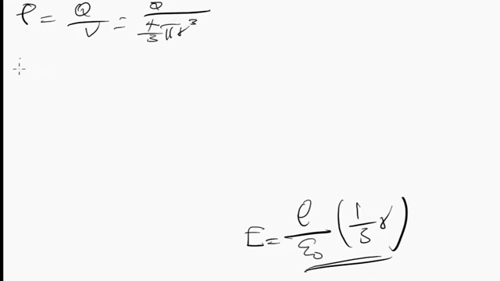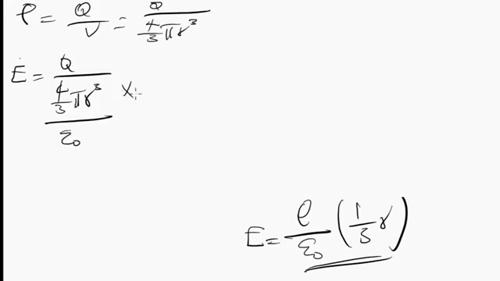Makes more sense this way. So I can replace rho by this, and then in this equation I should have something like Q over 4 over 3 pi r cubed, and this is over E naught, and then this is times 1 over 3 r.